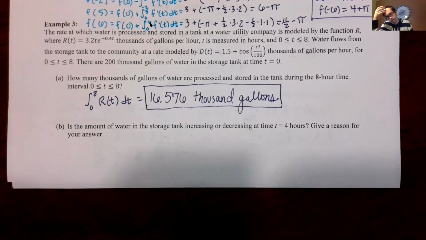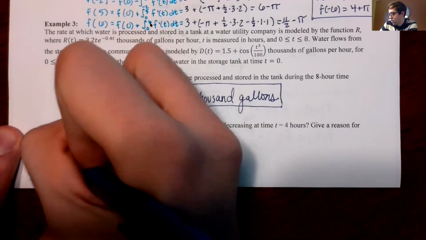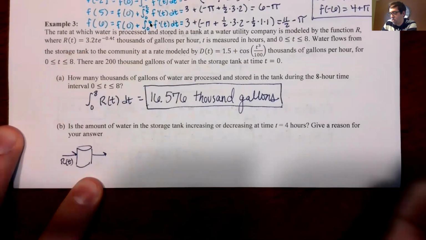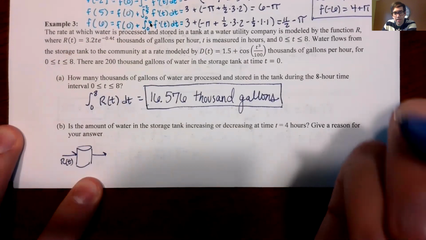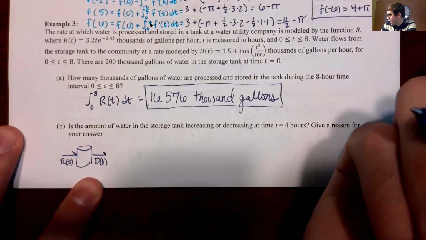So we have the amount of water that's going into the tank and the amount of water that's leaving the tank. If this is what the tank looks like, we've got the R of t that's pushing water into the tank at a specific rate, and we've got the D of t that's pushing water out of the tank at a certain rate.